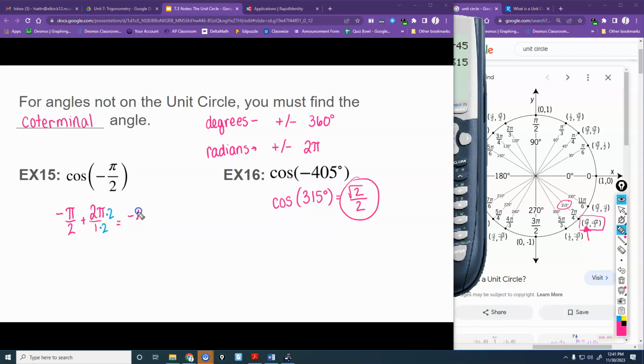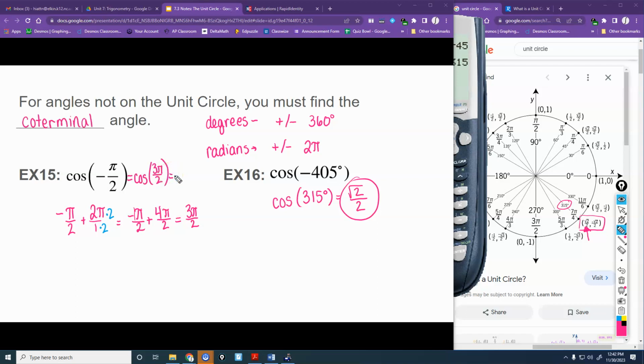That will give me negative pi over 2 plus 4 pi over 2. Negative 1 plus 4 is going to give us 3 pi over 2. Now that is not your answer, that's your coterminal angle. So cosine of negative pi over 2 is going to be equal to cosine of 3 pi over 2.